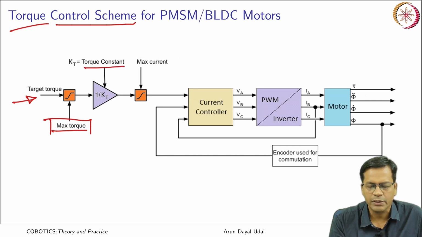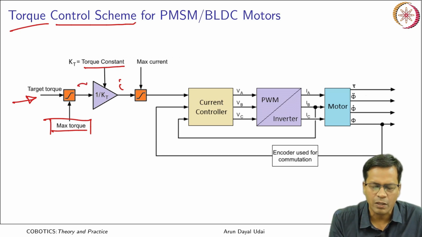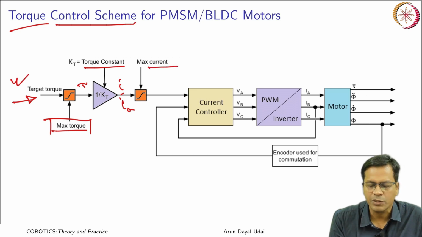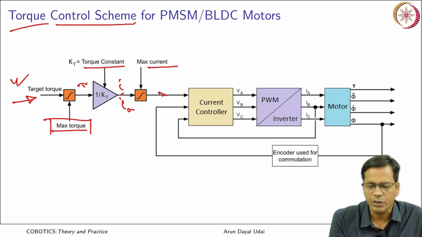Use the torque constant to convert it to equivalent current signal, that is Km. If you remember, Km into Ia is equal to torque. So, you do the other side of it. If you want the torque, you divide by torque constant Km, what you get is I. So, this is the desired current to achieve this torque. This current again is clamped based on the maximum current that this controller can take, that goes here.